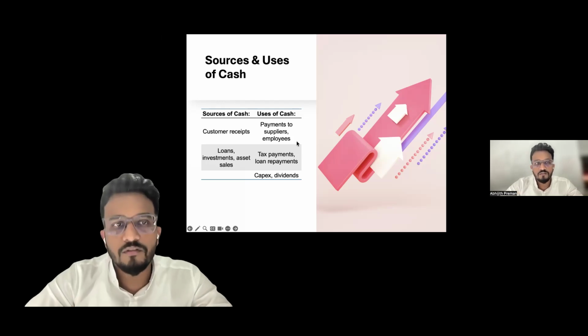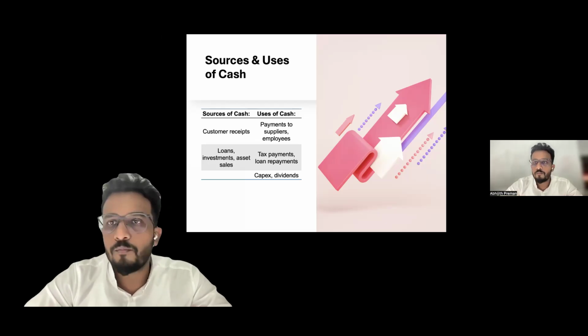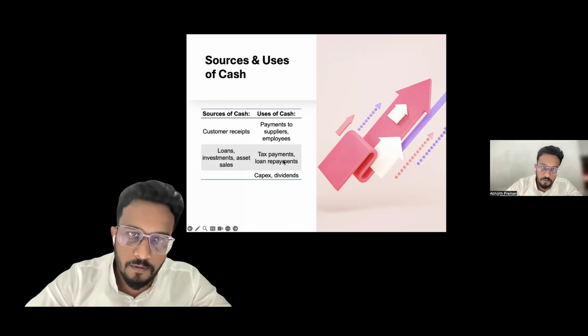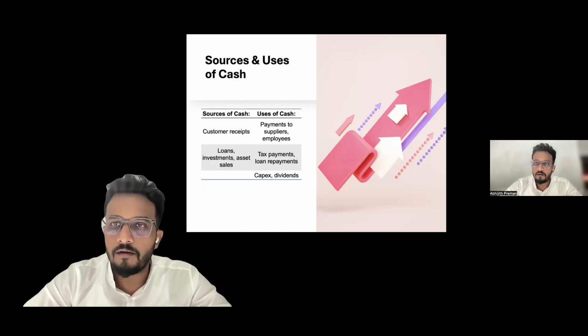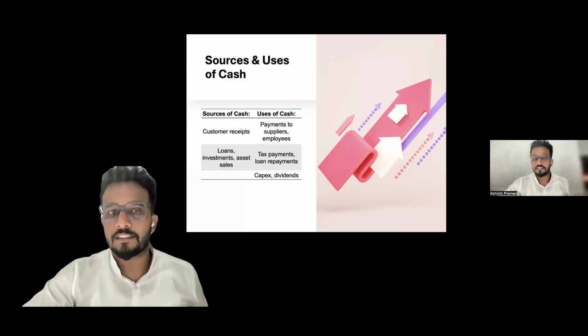Then what are the uses of cash, or how does cash go out of business? When you pay your supplier, when you pay your employees, when you make tax payments, when you do loan repayment, when you buy an asset, capex, or when you distribute dividend. These are the ways in which you spend your cash.